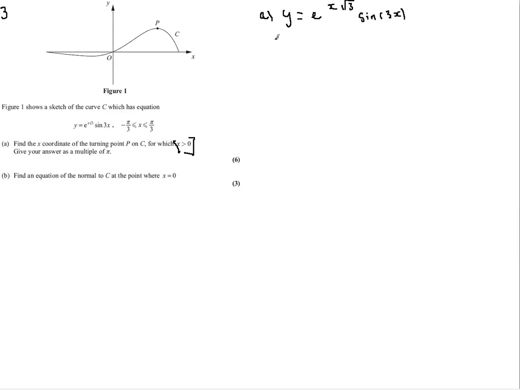Now, with all turning point questions, we're going to have to differentiate, because we know that at a turning point the gradient of the tangent is 0. And if we're going to differentiate this, we have to use the product rule, as it is one term times another. I'm going to say that u equals e to the x root 3, and let v equal sine 3x.